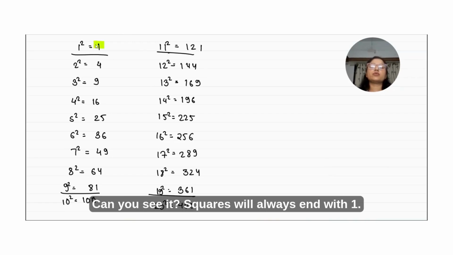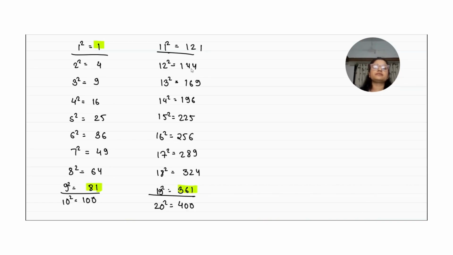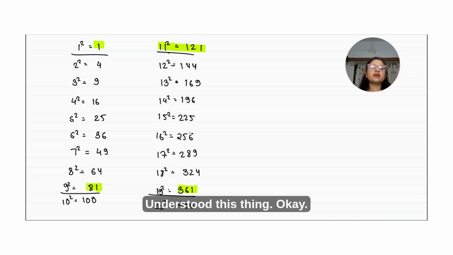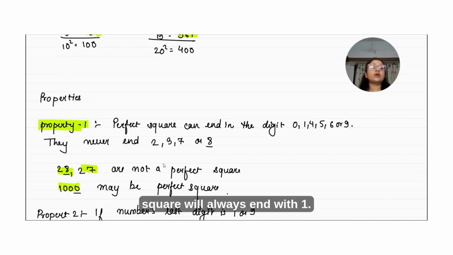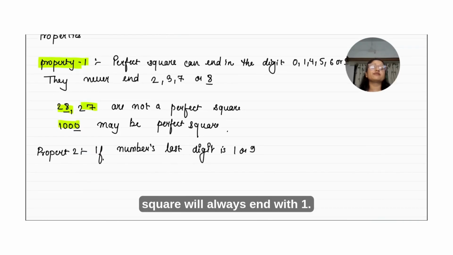Can you see it? The square will always end with 1. Got it? Understood this thing? So if we have any number whose end digit is 1 or 9, that square will always end with 1.